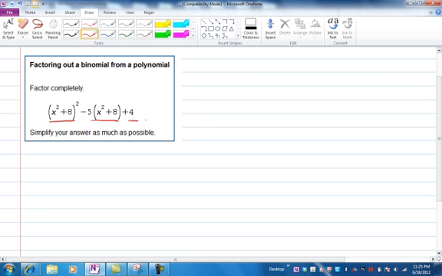So to get started, to make this problem a little bit simpler, we're going to make a substitution. You can pick just about whatever letter you want. I like to use a big capital A and say let A equal x squared plus 8. You recognize that x squared plus 8 appears in two places.